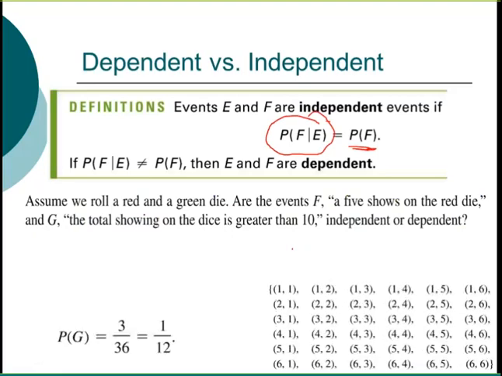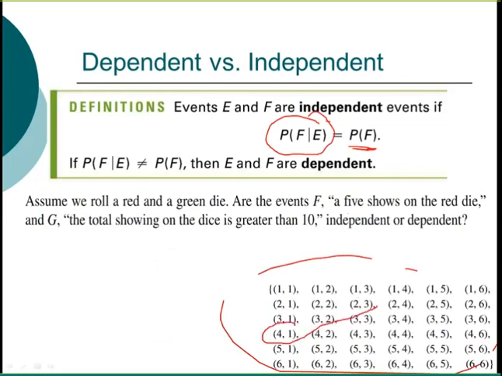And so what you're looking at is this sample space here of all the different ways to roll the dice. So 5 showing on the red die, I apologize, just the red die. Let's call this the red one, and this one the green one.